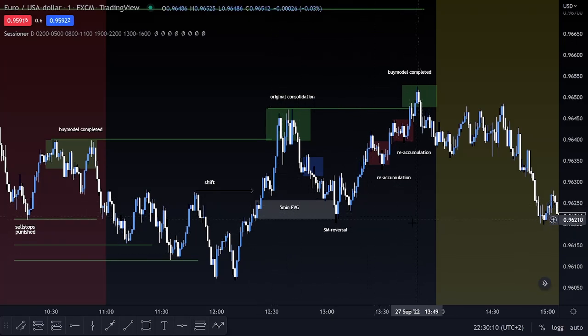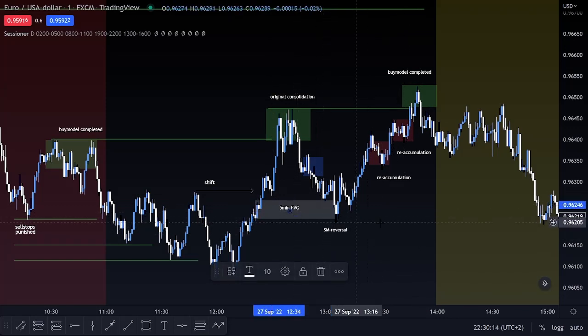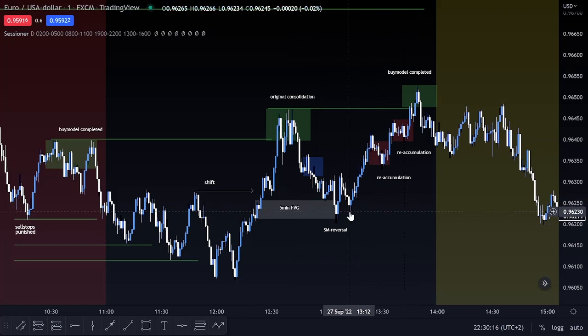I like to confirm my trade, so this could be an example of it. It trades down into this fair value gap. Did we get a reaction? Yes, we have a short-term shift here, comes down into a discount again and sends price higher. So this area down here is the smart money reversal to me to attack this high here.